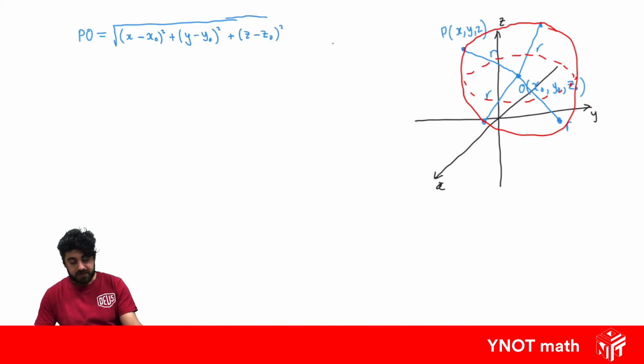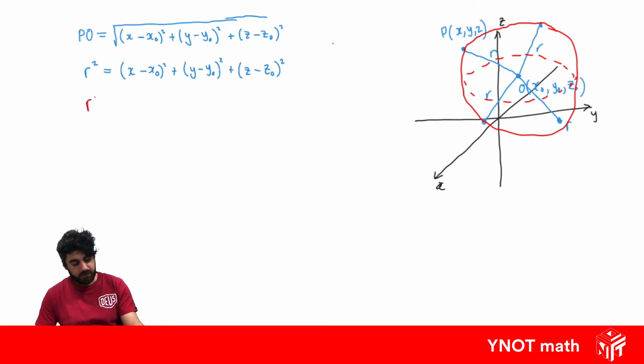And we know that distance PO is equal to r. And we'll square both sides. So then we'll get r squared equals x minus x0 all squared plus y minus y0 all squared plus z minus z0 all squared. And this will actually describe the equation of a sphere.